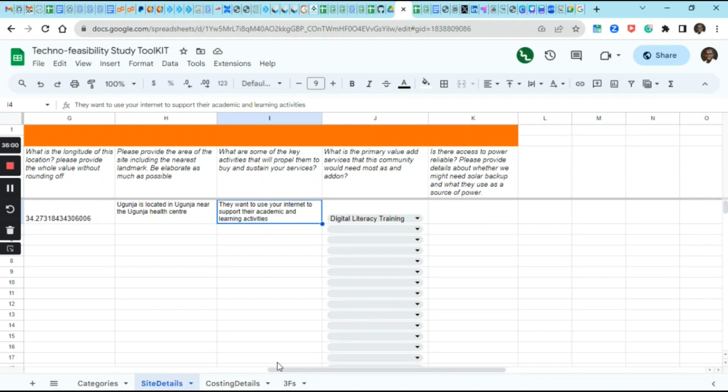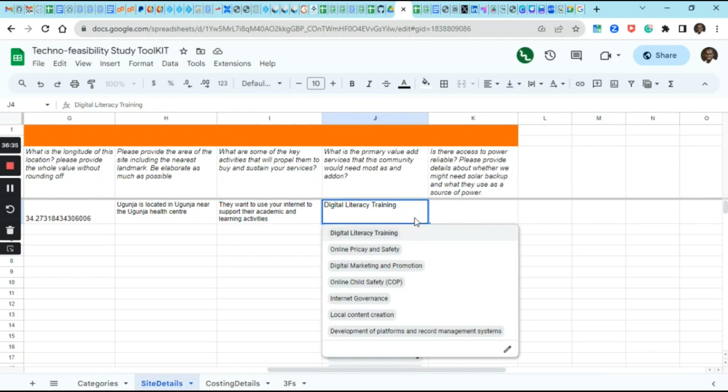For example, you are connecting a home where there is a student who is at the university or college level, they will tell you, I'd want to do more research. I'd want to attend classes online. I'd want to do research and learn from YouTube tutorials. But I don't have bundles. So you have seen where the need is. And then apart from that, based on your evaluation, you need to know the value add. What am I going to bring on top of what the need has been identified?